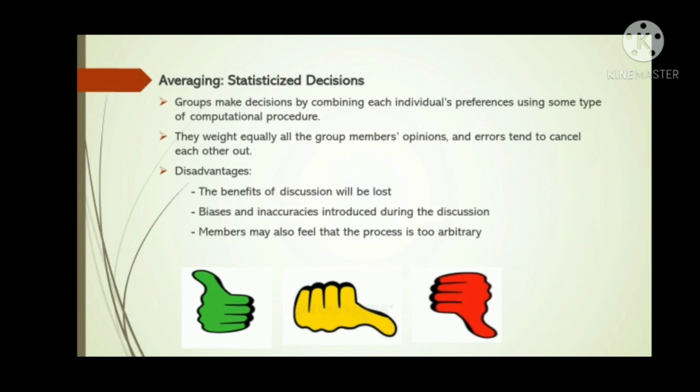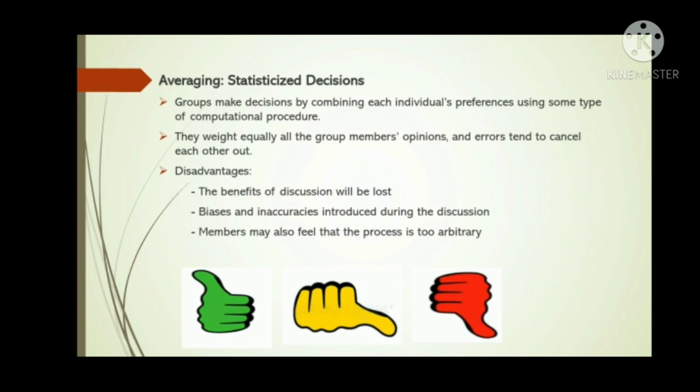As with compensatory tasks discussed in Chapter 10, such decisions do not necessarily require any interaction among members, and they are often surprisingly accurate. They weigh equally all the group members' opinions, and errors tend to cancel each other out. Unfortunately, there are equally important disadvantages associated with the timing of the ranking processes.